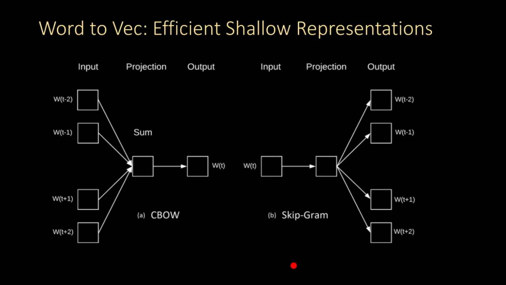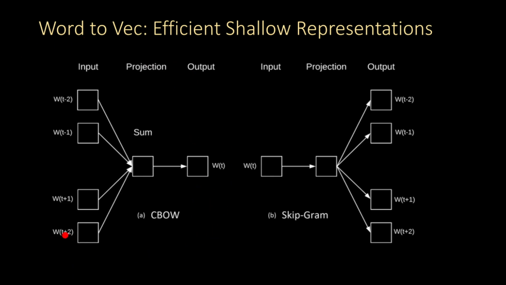All right, but that's a very costly way to train it. Using a similar architecture, but much shallower, in fact, a shallow architecture that doesn't have more than one hidden layer, you can come up with word representations.